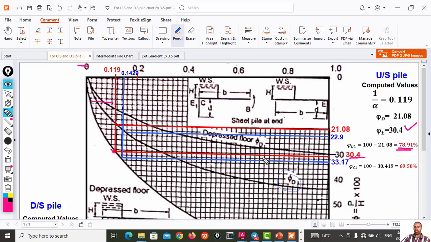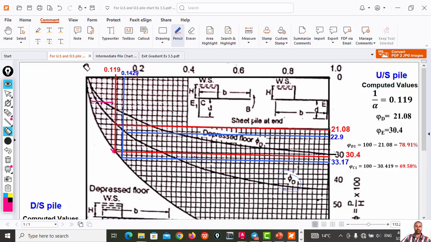for the second, phi C1, again you just calculate 30.4, and then you have phi C1. So once you have phi D1, phi E, you have 21. This one. Then finally you should compute.